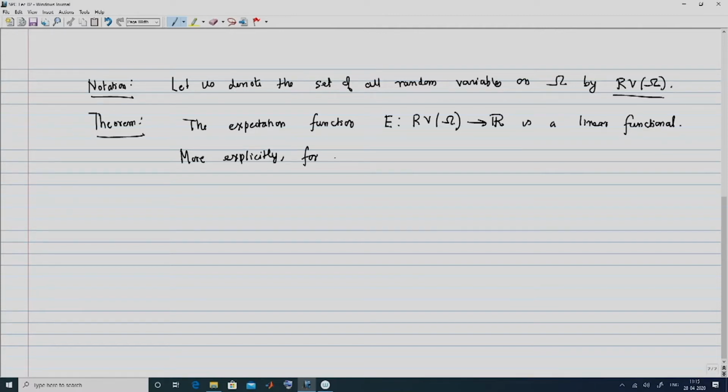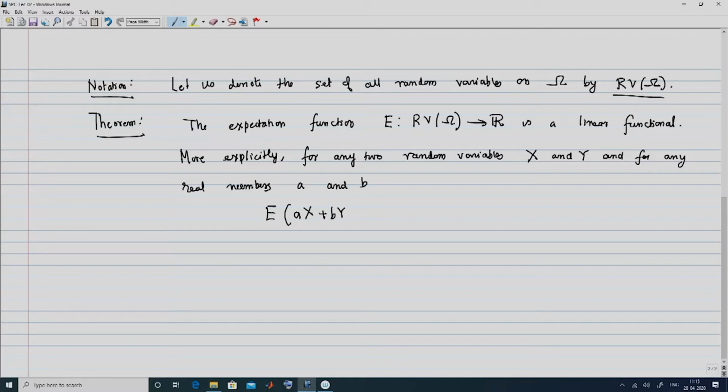For any two random variables, which customarily we choose to be X and Y, and for any real numbers, which we customarily choose as small a and small b, we have the following result: E of aX plus bY is going to be a times E of X plus b times E of Y.